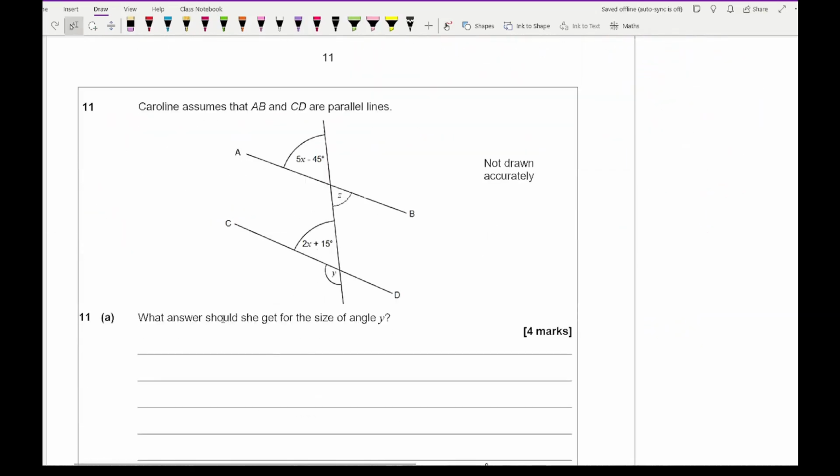Then moving on to our last question, it says Caroline assumes that AB and CD are parallel lines. What answer should she get for the angle of Y? So let's have a look at what she should get. First things first, if AB and CD are parallel, then that means that this angle is going to equal this angle because they're corresponding.